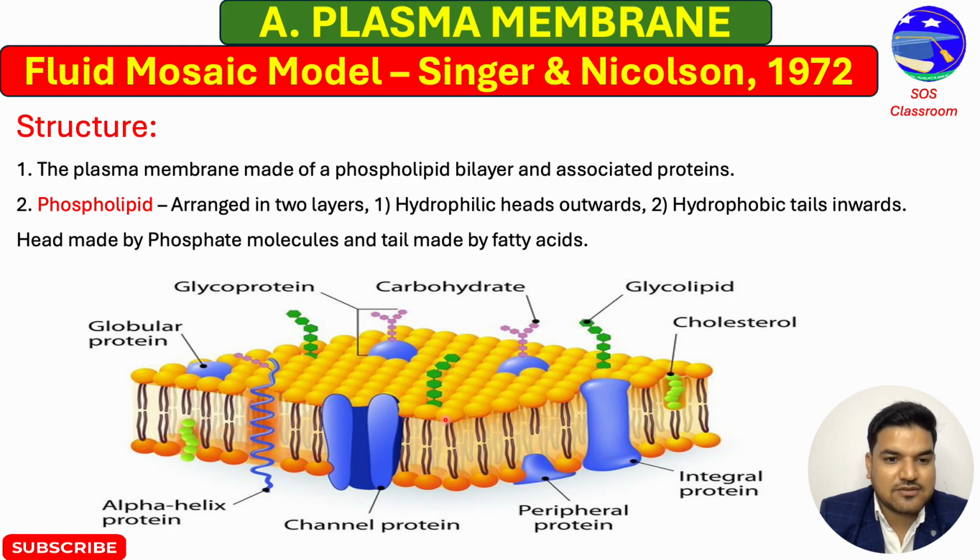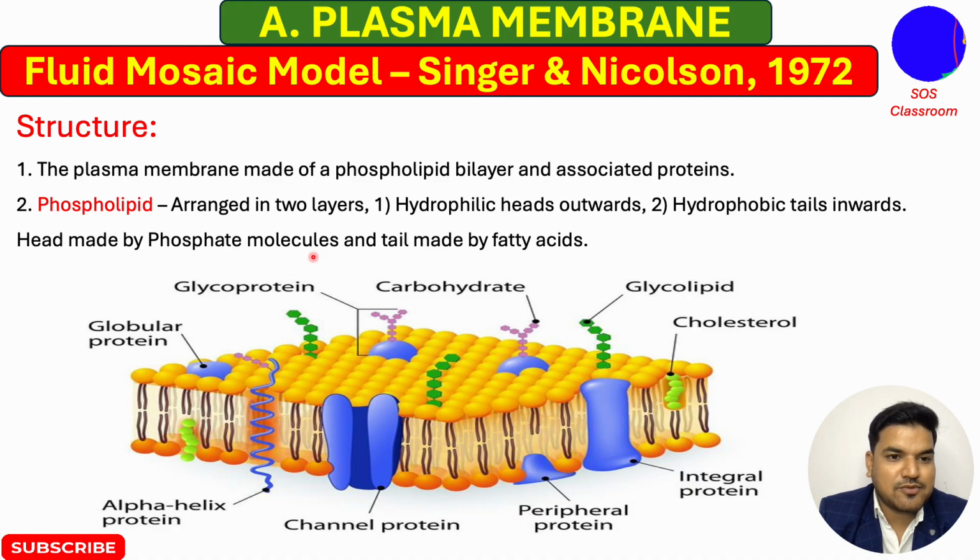Phospholipid bilayer means this is one layer and this is another layer, and associated proteins, different types of protein present in the cell membrane. So the phospholipid bilayer is arranged in two layers, with the hydrophilic head outwards and hydrophobic tails inwards. So this is the head, and this is also a head, and this is the tail.